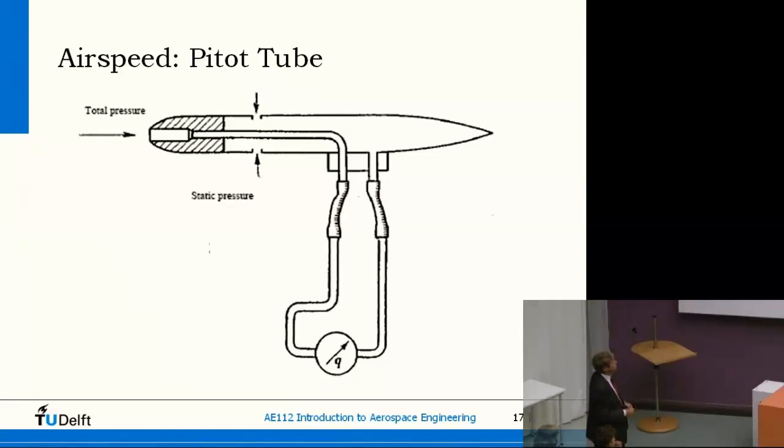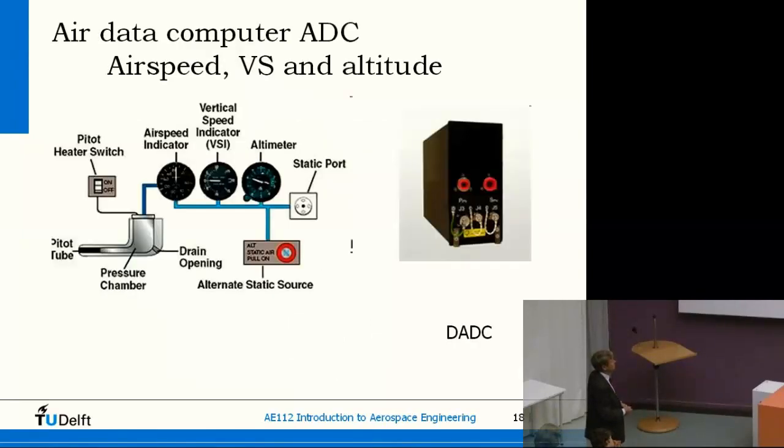The difference between the two gives only your dynamic pressure. So this is total, this is static. The difference is the dynamic pressure, and this is used to indicate the airspeed, first mechanically, and now digitally with the digital air data computer. The other thing that we do, we also measure the change of the static pressure to get the vertical speed, and we measure the static pressure to get the altitude.